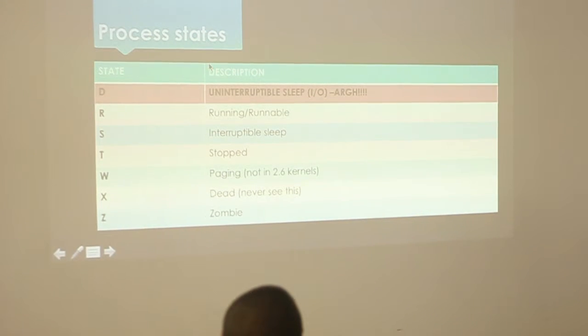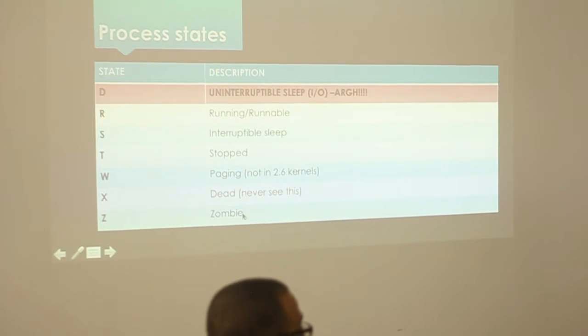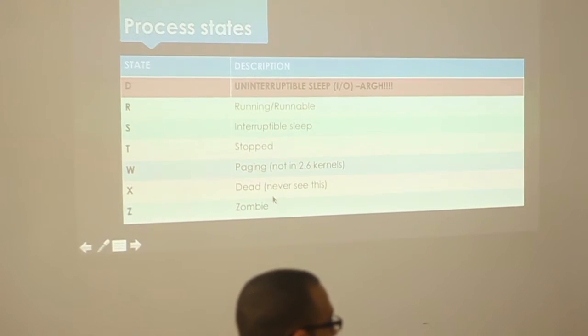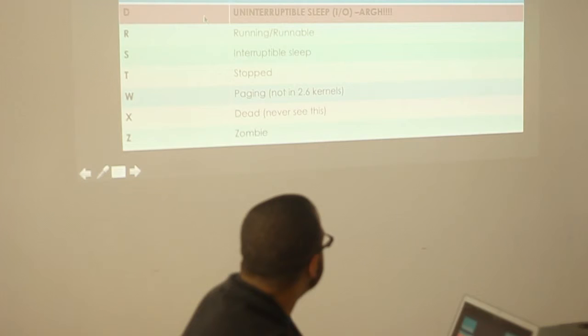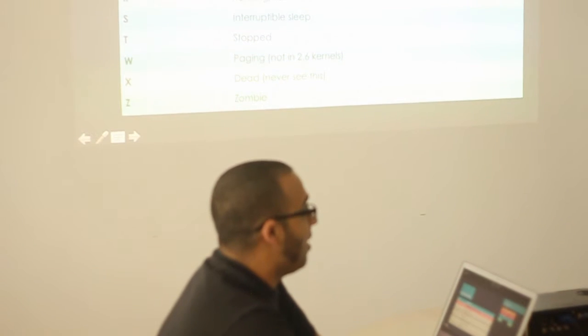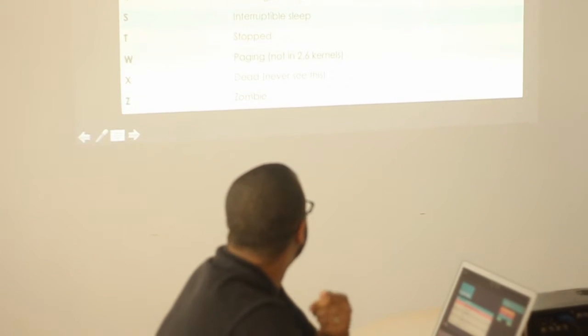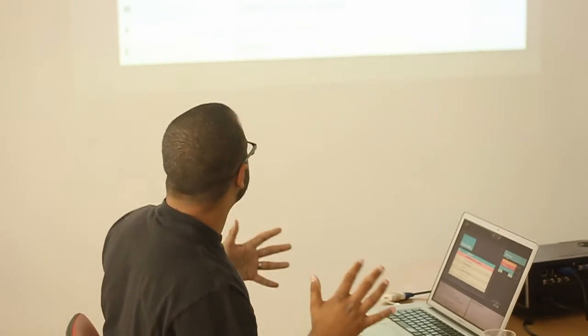The one I highlighted in red is my least favorite state. This one is particularly awful as well, but this one usually is a result of maybe a bug in your application not catching its children properly. But this one indicates really bad I/O happening. And we've seen this happen in our production environment where we have just a huge number of things trying to read off NFS at the same time.